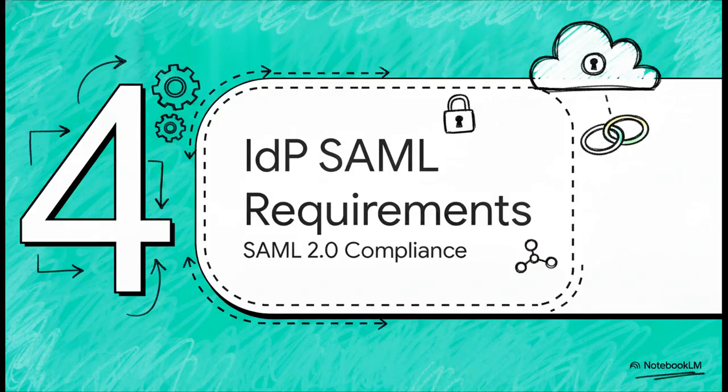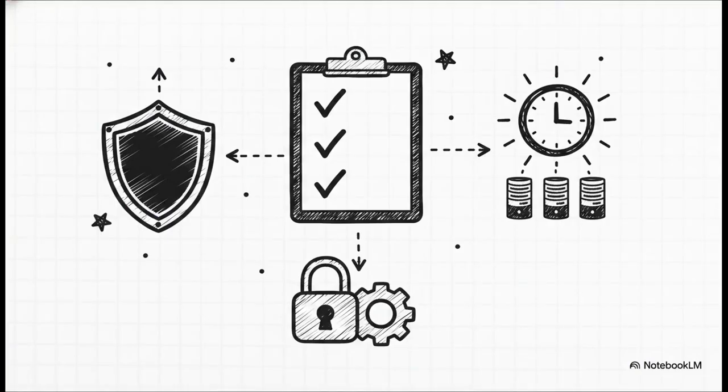All right, Section 4, Identity Provider SAML Requirements. For the system architects tuning in, here are your absolute non-negotiables. First off, your identity provider must be strictly SAML 2.0 compliant. SAML 1.1? Yeah, that's not going to cut it. Second, and I really cannot stress this enough, NTP time synchronization is absolutely mandatory across your IDS, your IDP, and all client nodes.